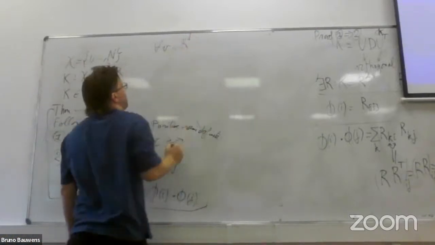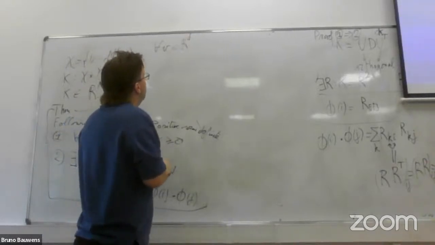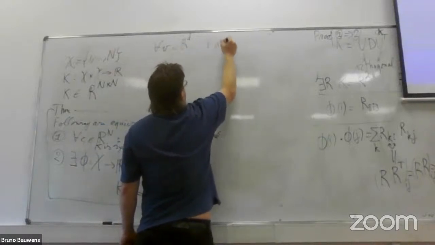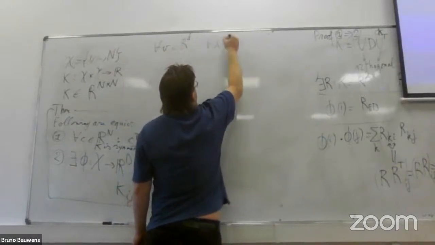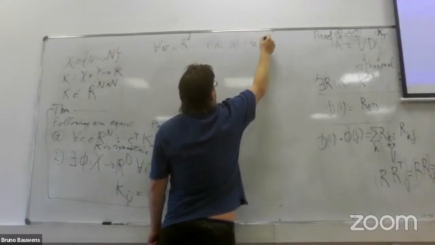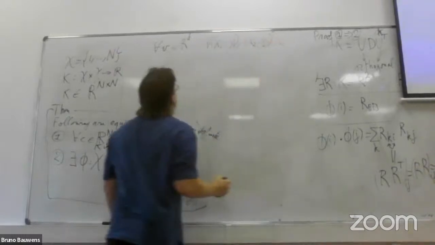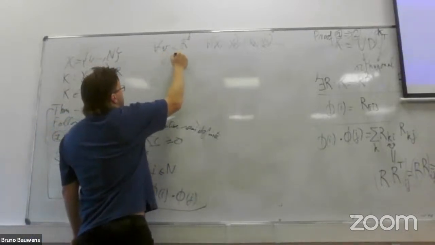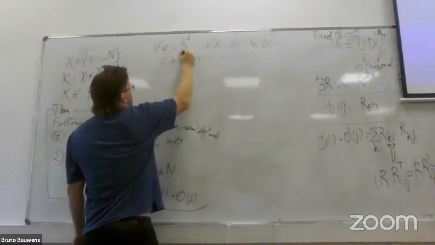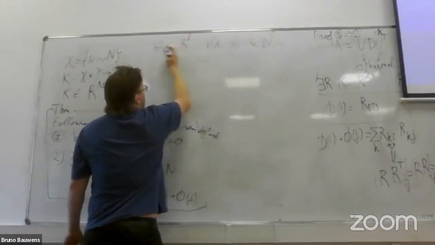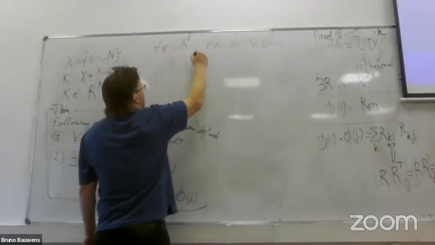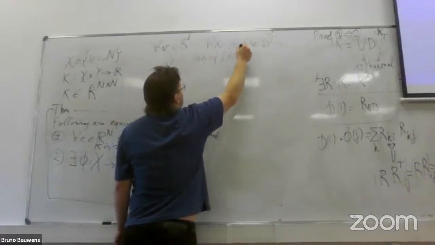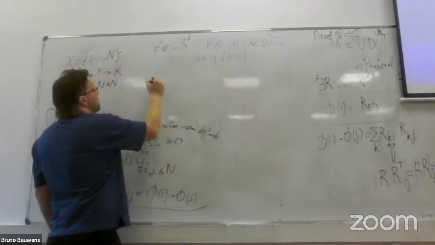We have a fixed dimension D, and we said that for every V, for every input sequence x1, y1, x2, y2, and so on, and then the number of mistakes. Wait, I need one more thing. Let R be equal to the maximum norm of an input.